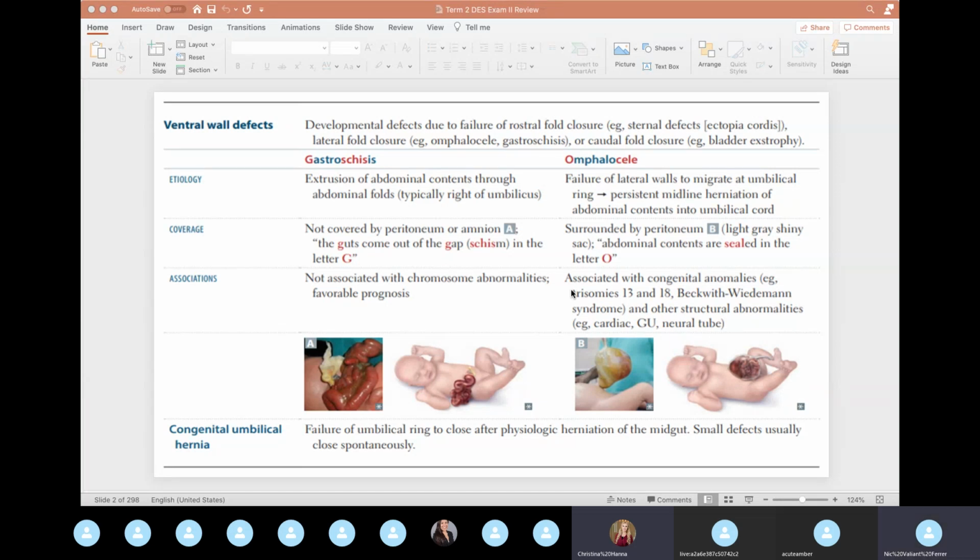Okay, good. Smooth philtrum, low set ears. Right, exactly. In terms of the quad screen, what can I see in the quad screen that tells me it is Down syndrome? Anyone?